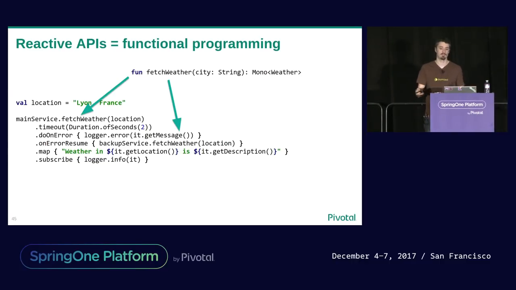It's basically event-based. The way I'm using this API is I'm calling mainService.fetchWeather, that's usual, but instead of just doing that, I'm using some dot notation. So it's a kind of fluent API where I define that if there is no answer after 2 seconds, I raise an error. Then I define that when there is an error, I print the message with the logger.